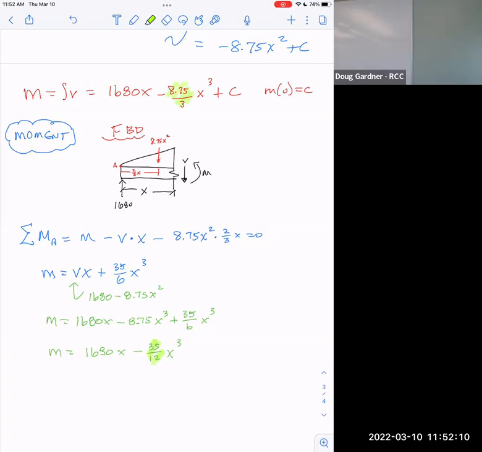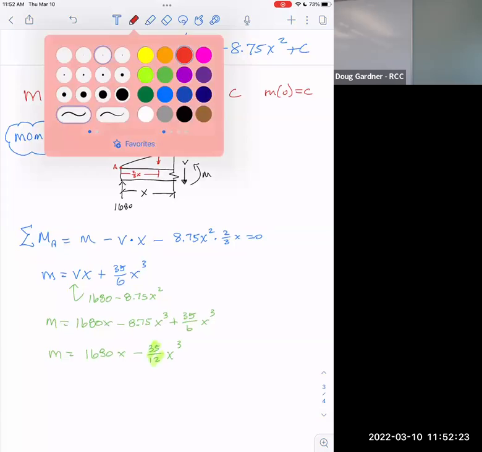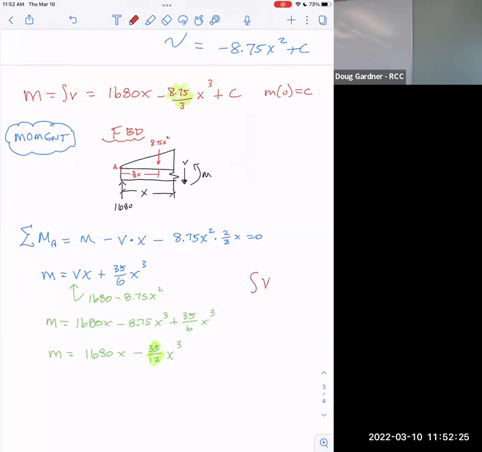So now we got our moment equation. And calculus still worked. And so I'll make a note of that over here, maybe in red. When we took the integral of v, we actually got n. Or if you took the derivative of n, then you'd get v. And so that's just kind of a cool check.